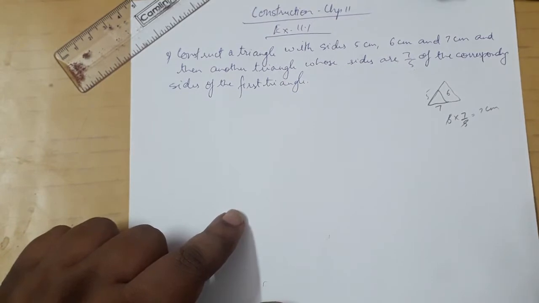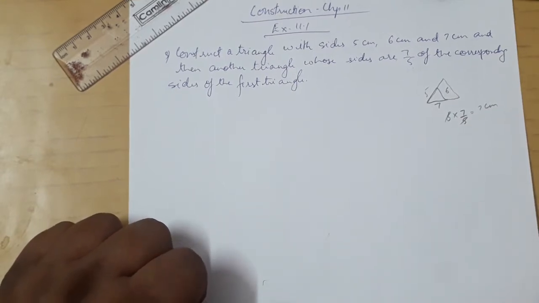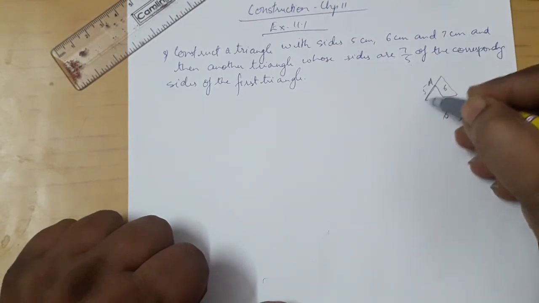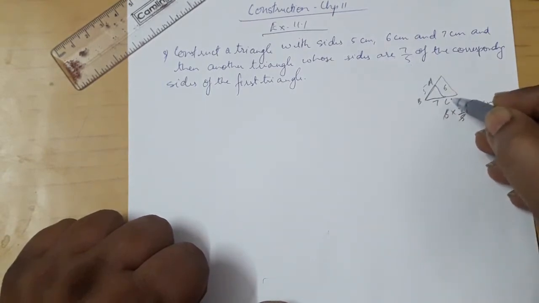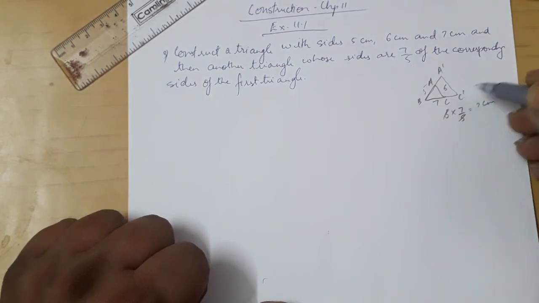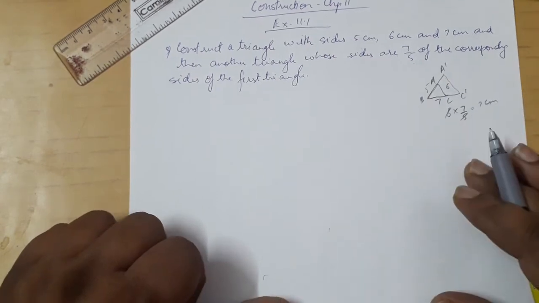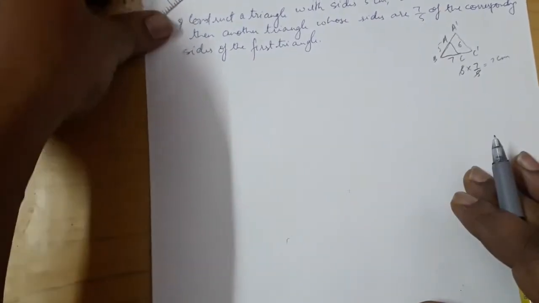So first let us begin by constructing the first triangle whose sides have been given as 5 centimeters, 6 centimeters and 7 centimeters. Let this be A, B and C, and let the new one be A dash and C dash, because it's an extension of C and this will be an extension of A. So first we'll draw 7 centimeters.